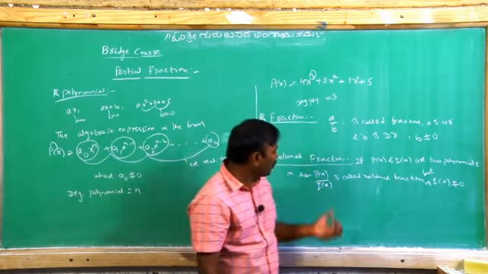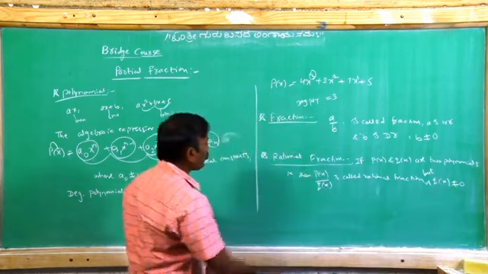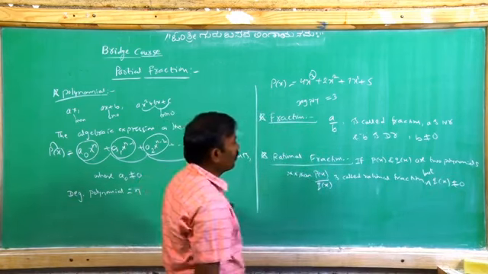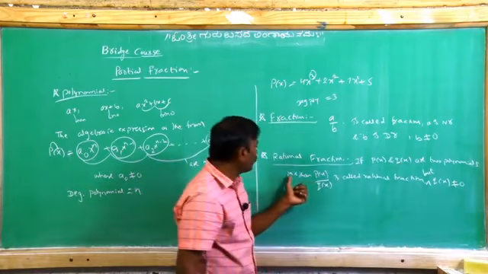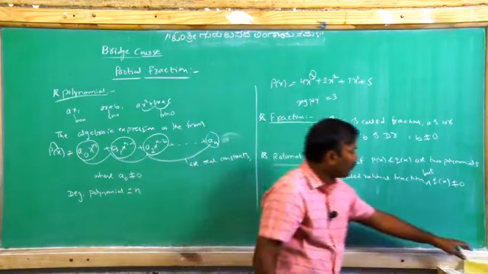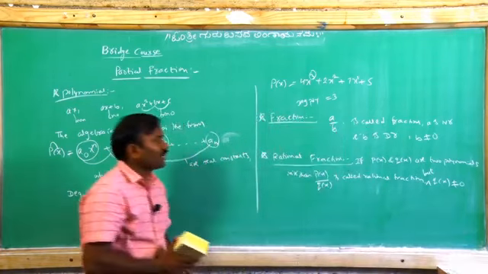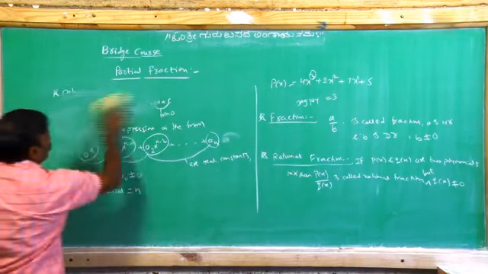But what is the condition? Q of x is not equal to 0. Okay. Here p of x and q of x are two polynomials in the variable x.